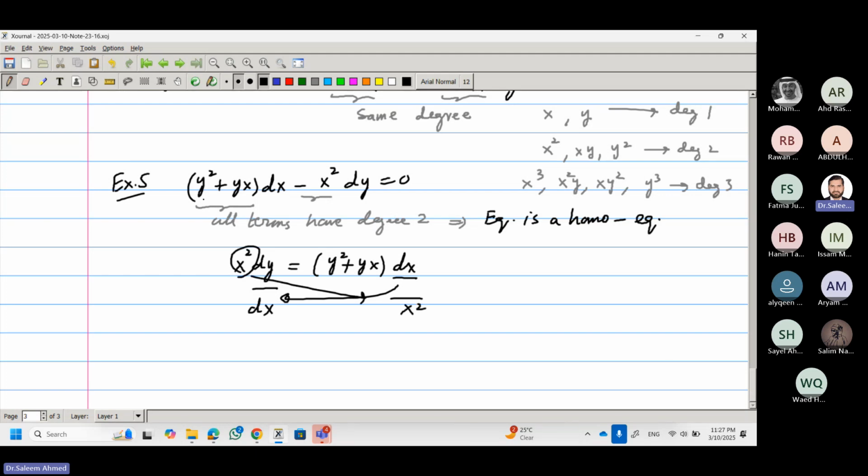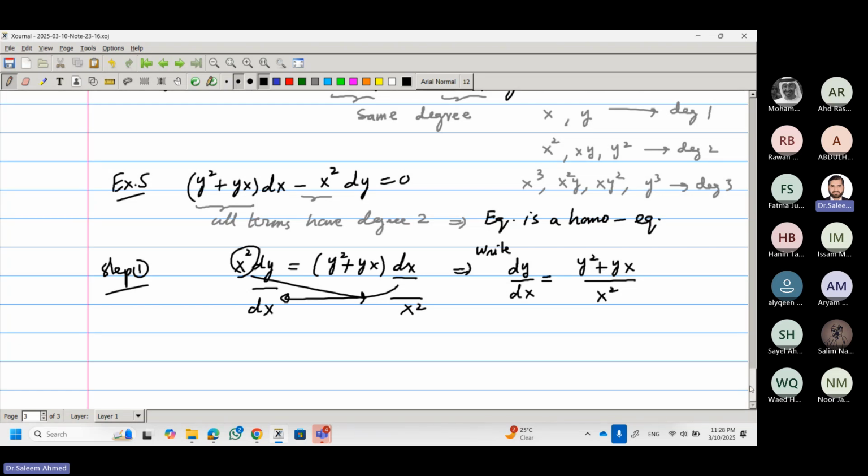So we don't bring everything on the left. We only bring dy by dx on the left. It's not like a separable equation. So I got y square plus yx on the right and x square on the left. So step one here is to write like this. Write your equation like dy by dx and everything on the right.